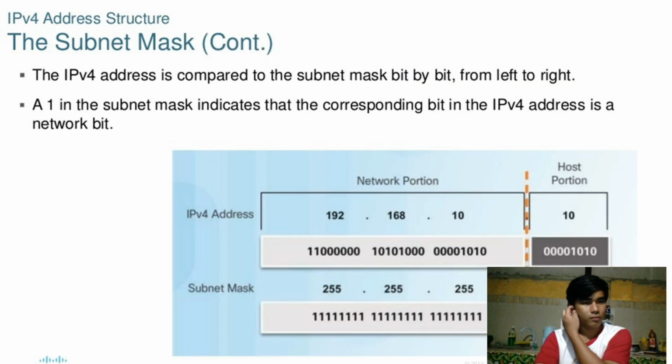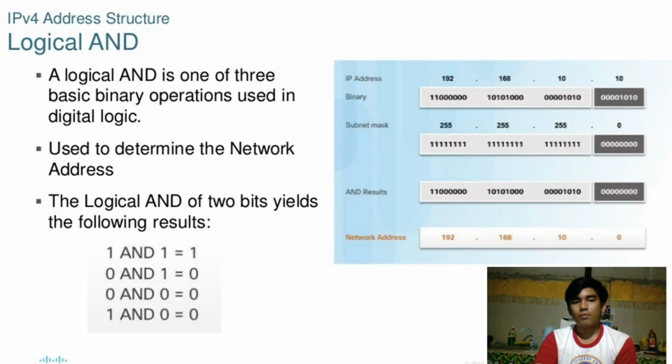For the subnet mask, the IPv4 address is compared to the subnet mask bit by bit from left to right. A 1 in the subnet mask indicates the corresponding bit in the IPv4 address is a network bit.